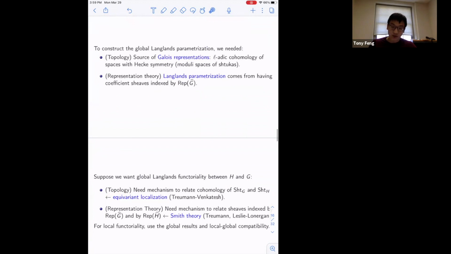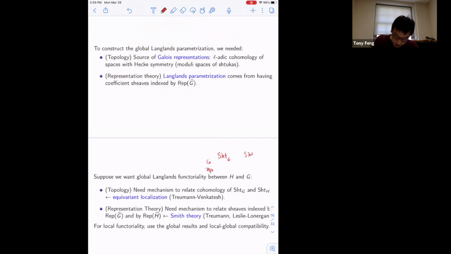And in the case of base change, this mechanism will be equivariant localization. So in the case of base change, there is in some natural way a Z mod p action on the space Stücke G, because there was a Z mod p action on G itself.